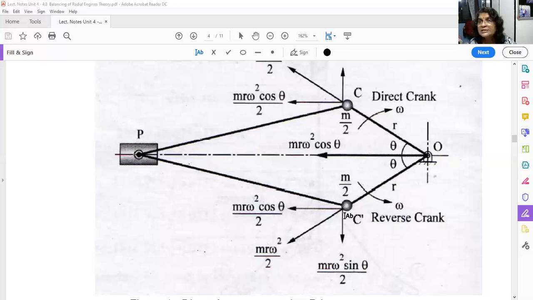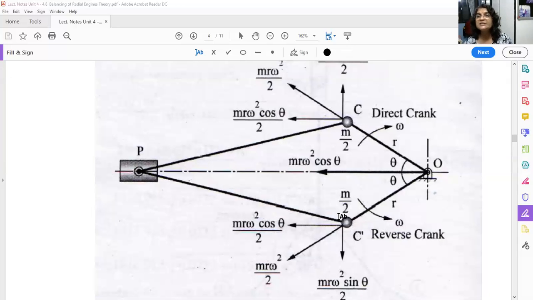Now let us see what forces are developed by such an arrangement. As I told you, this m by 2 will generate m by 2 r omega square centrifugal force, that is an unbalanced force. Here also it will develop the same force, m r omega square by 2. Now if you resolve this force into two components, vertical and horizontal, what is the vertical component?